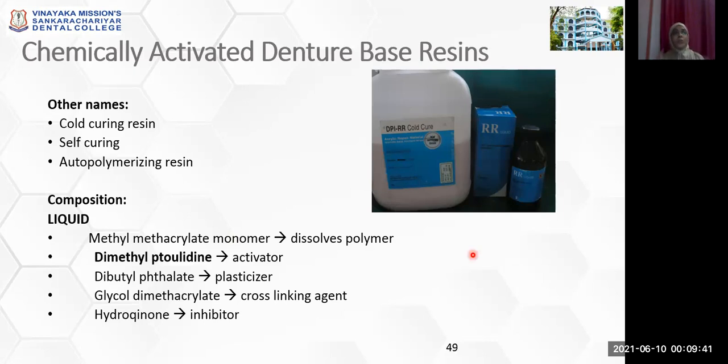So as I told you, heat is the activator in heat activated resin, whereas in chemically activated resin the activator is a chemical. So what chemical are we using here? It is dimethyl paratoluidine. So apart from that, all the other components are same, like you have dibutyl phthalate, you have glycol dimethacrylate, and then you have hydroquinone.